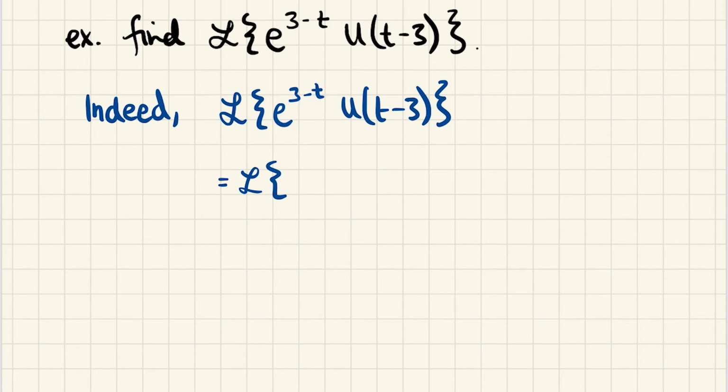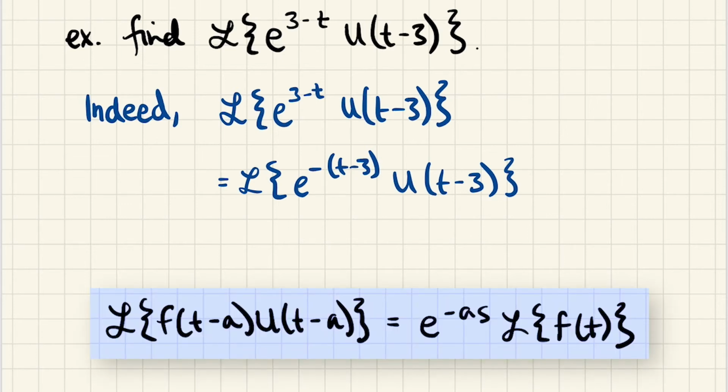Well, we're almost there. Why don't we write this as e to the negative t minus 3. And now you can see that according to the second translation theorem, this is going to be e to the negative 3s, because here we can see that our a is equal to 3. And it's multiplied by the Laplace transform of f of t.